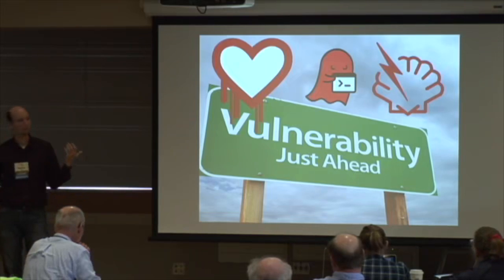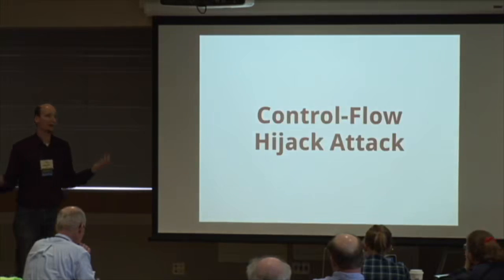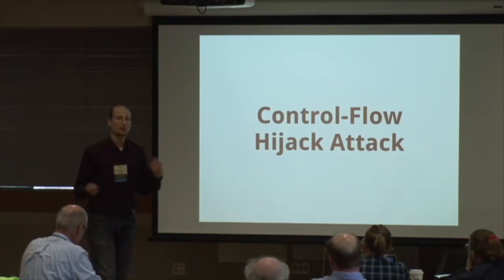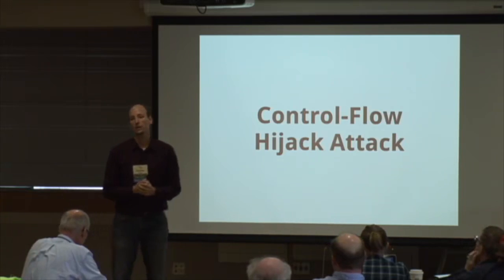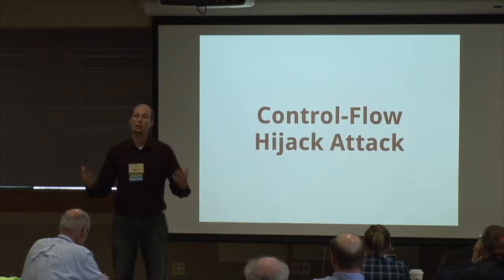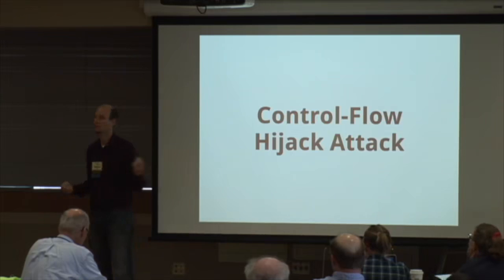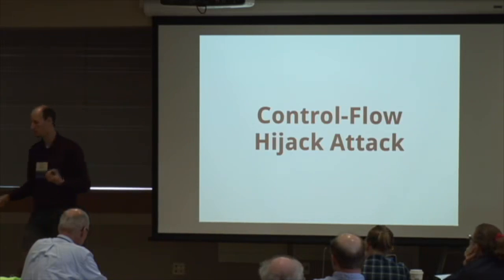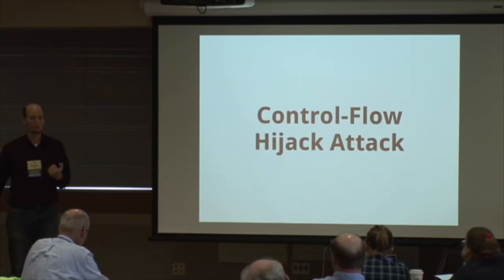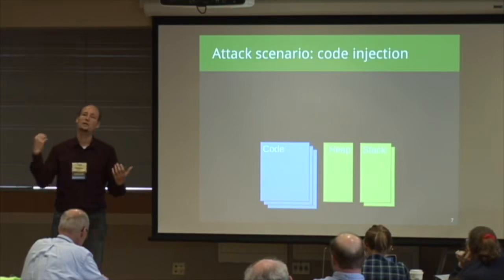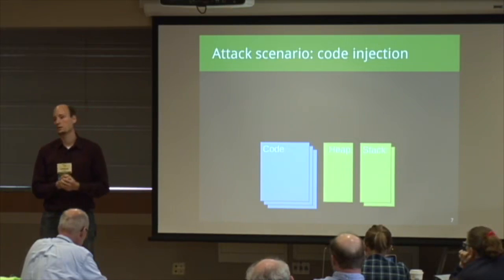So you might ask yourself, how do attackers get onto our systems? Most of the exploits rely on some form of control flow hijack attack. The attacker gains some form of code execution capability, where the attacker tries to execute arbitrary code on top of your system. Many of you will likely know the code injection scenario, where the attacker injects new code into the process.